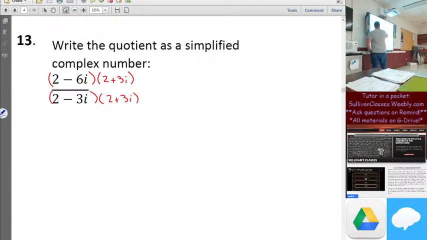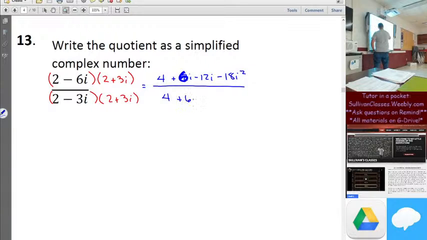I say 2 times 2 is 4, 6i, negative 6i, and negative 9i squared, so 4 plus 6i minus 6i minus 9i squared.